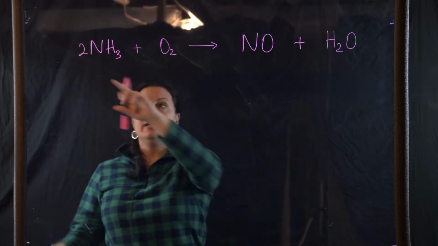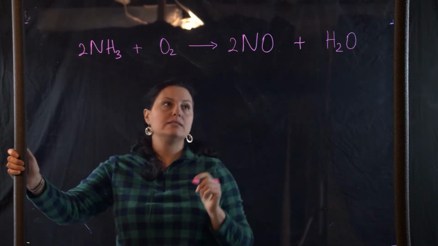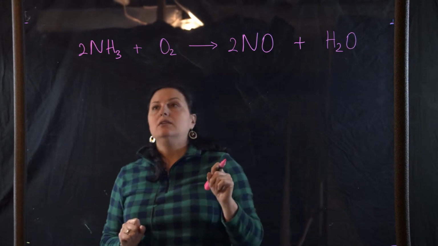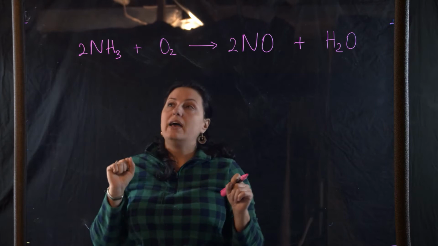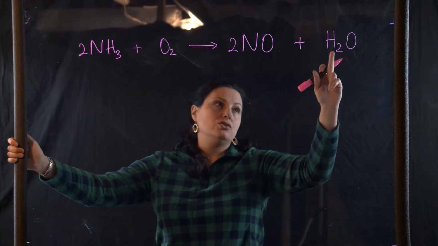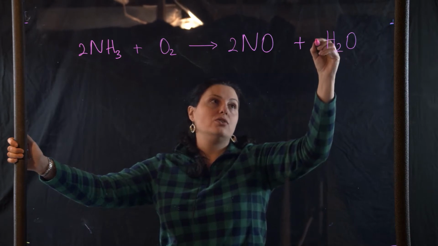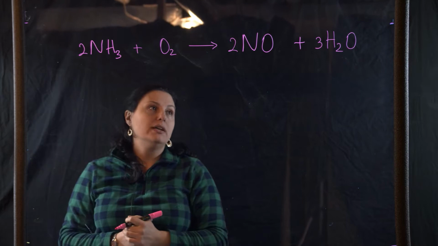Now if I put a 2 over here, I have 2 times 3, 6 hydrogens here, but only 2 here. So if I put a 3 here to balance my hydrogens, now what do I have?